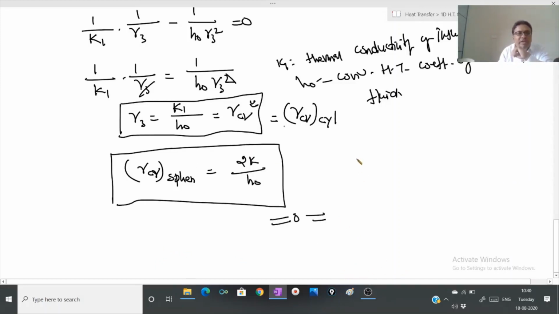Now you need not remember these two values, as the formula is given in the HT data book. Okay. So this is all about the critical radius of insulation and its effect.